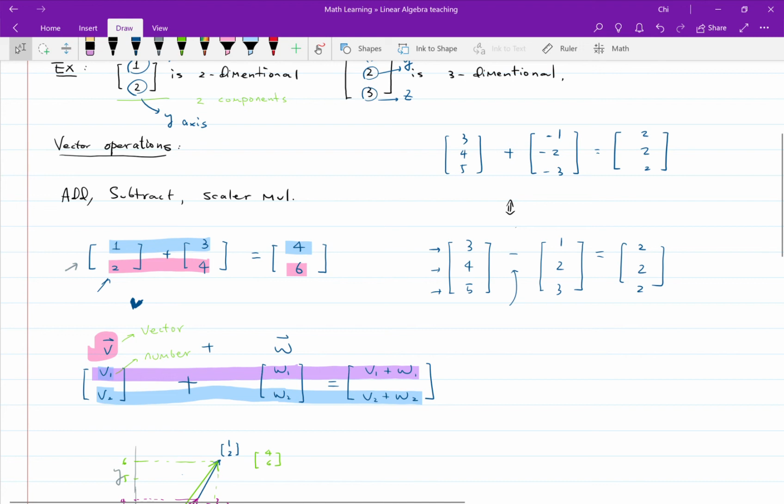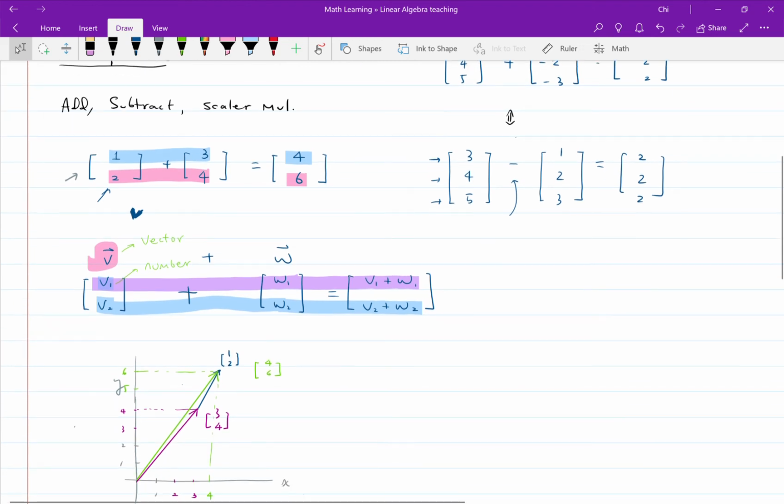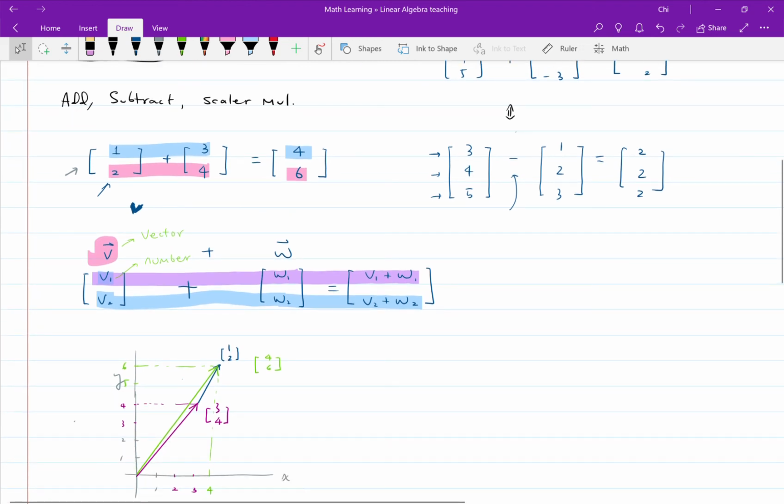No matter which operation you do, essentially you do the same algebra over different components to get the result. And they have their own geometric interpretation as well. So I guess that's it for today.